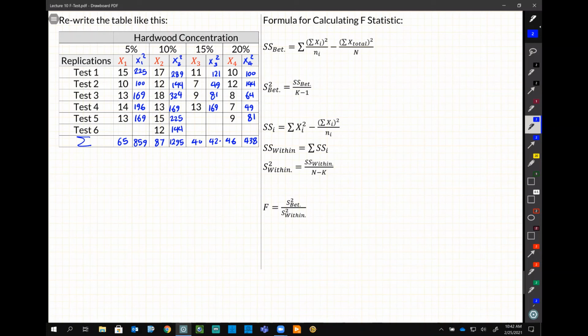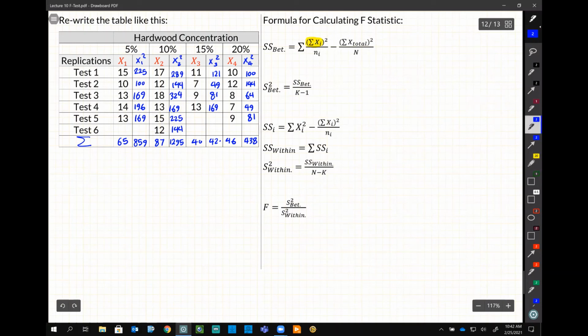Okay, so the first step, as you see the formula on the right, we just follow those formulas. The first thing that I'm going to calculate is the sum of squares between, the sum of this guy squared, so don't confuse it.